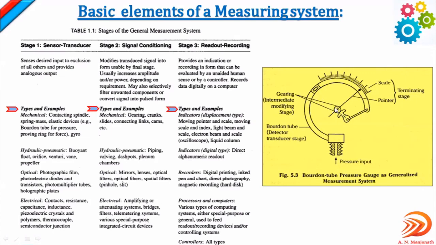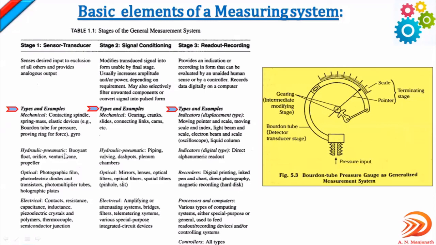It enhances the input signal so it can be read on this scale. That's why it is mentioned as mechanical. If we take the third stage, the readout stage for mechanical measuring instruments, it is indicators, that means the pointer and the scale, the pointer moving on a scale.